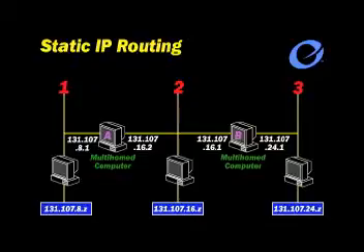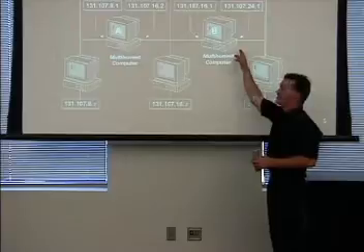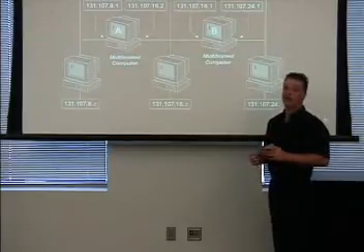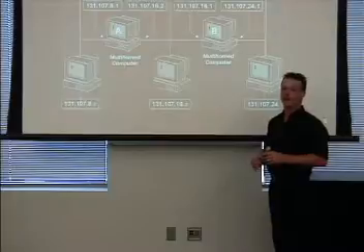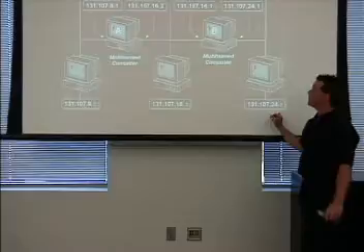The far multi-homed computer, or multi-homed computer B, has two network interface cards installed also. One IP address assigned to a network interface card, as we see, is 131.107.24.1, which acts as the default gateway for the 24.0 subnet.